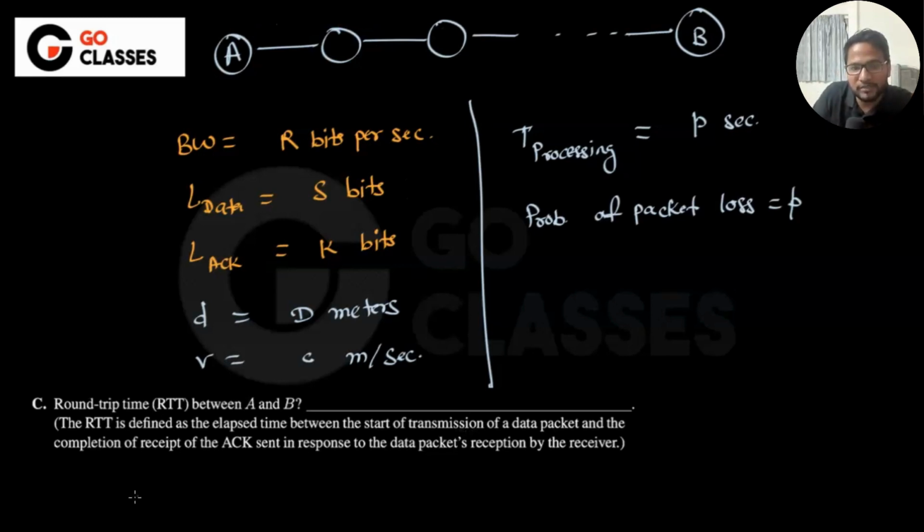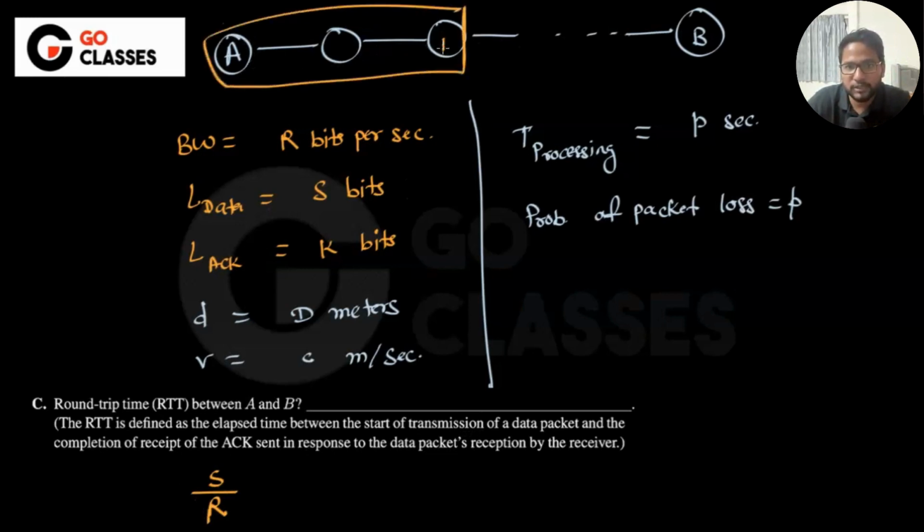So the transmission time over one hop is length upon bandwidth, S upon R. If there are 2 links in between, the transmission time will get multiplied by 2, and the propagation time will also get multiplied by 2.